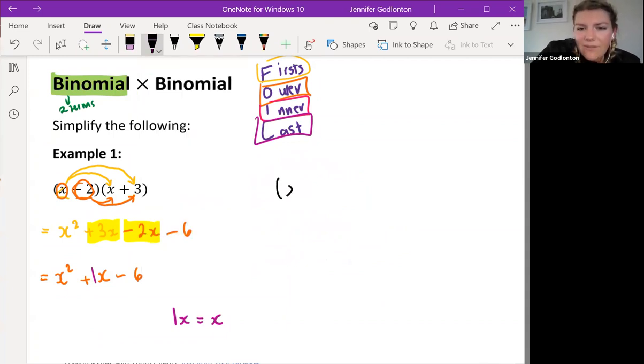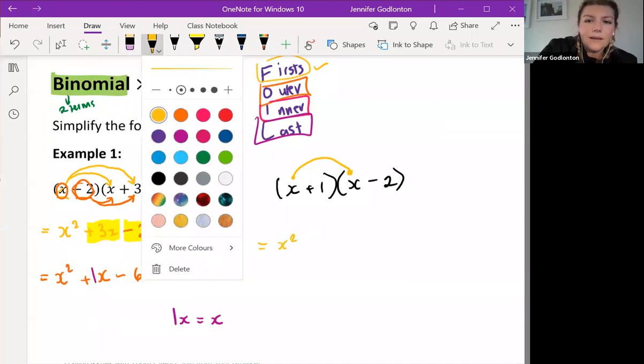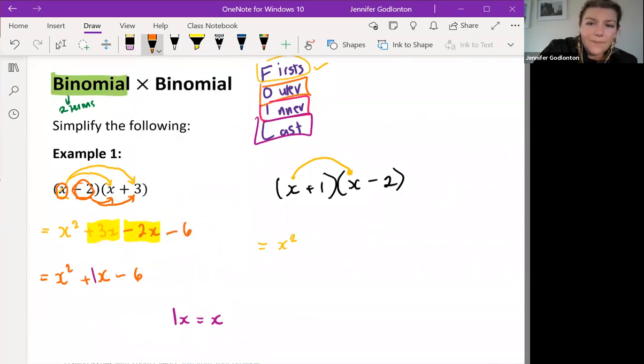So let's say I have x plus 1, x minus 2. Okay? I'm going to go through the step by step again. First term multiplied by my first term. So x times x, which gives me x squared. Next one, outer. My outer term multiplied by my outer term.